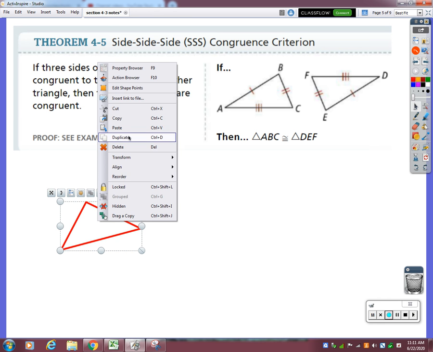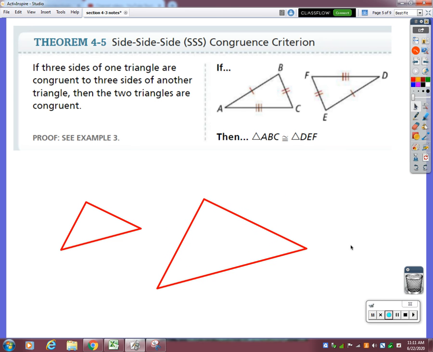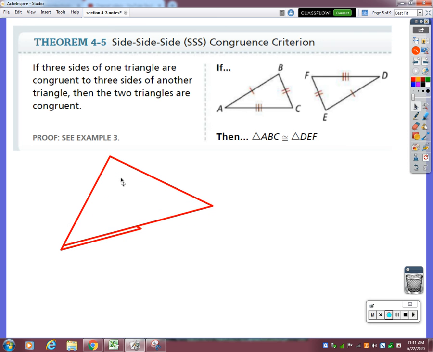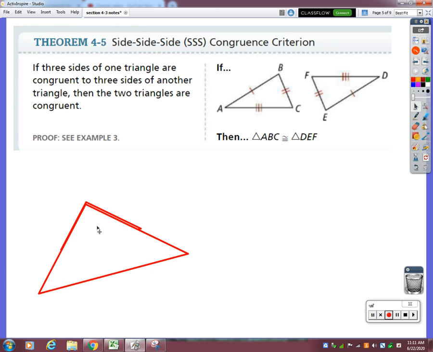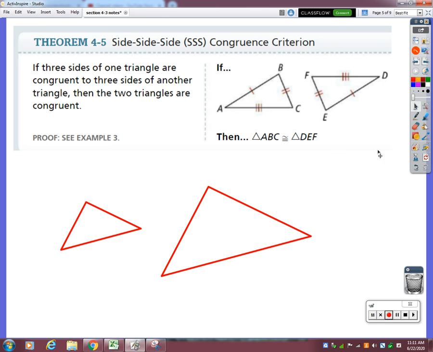So there might be a little bit more to this than meets the eye. These two things obviously are congruent because all the sides and all the angles are the same. But if I stretch this out like this, then that angle is the same as that one, that angle is the same as that one, and that angle is the same as that one, but the triangles themselves are not congruent. So angle, angle, angle is a failure.